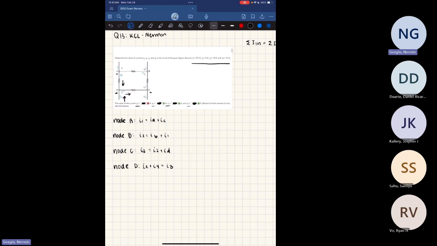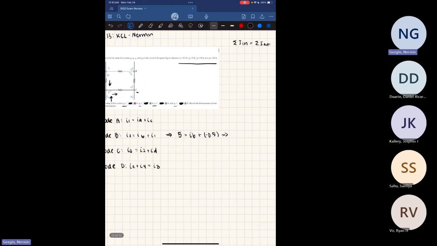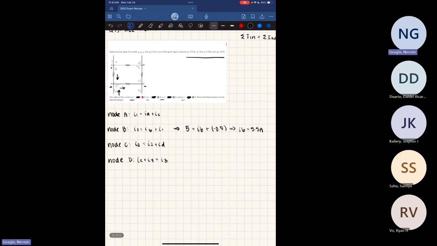Because we're given I2 and we're given I1, we can solve for IB in node B. So we plug in 5 for I2, and we have IB plus I1, which is negative 0.5. So IB is equal to 5.5 amps. That's the first one.